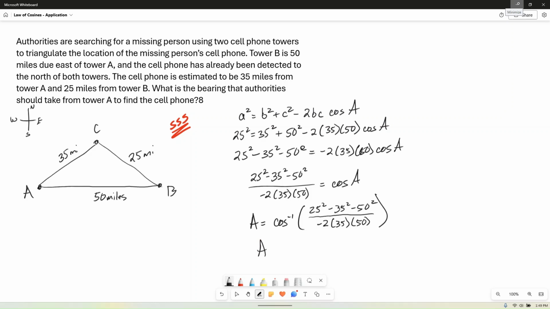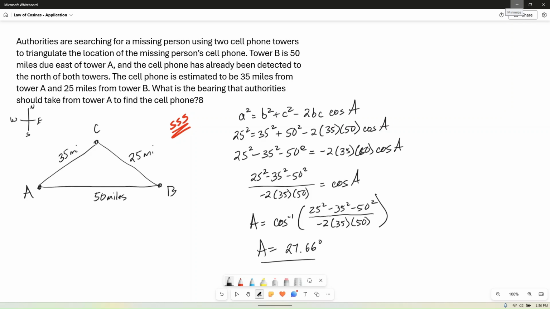You can type that whole big expression into your calculator and it will give you the answer. If we do that, we should get that angle A is equal to 27.66 degrees. In our question, we wanted to know what is the bearing that the authorities should take from Tower A to find the cell phone.